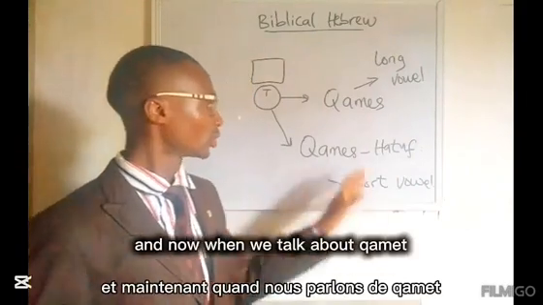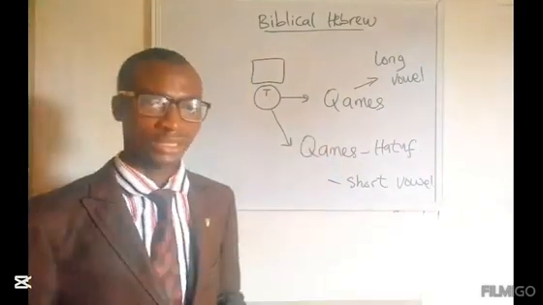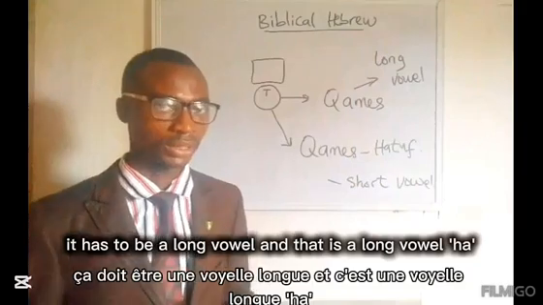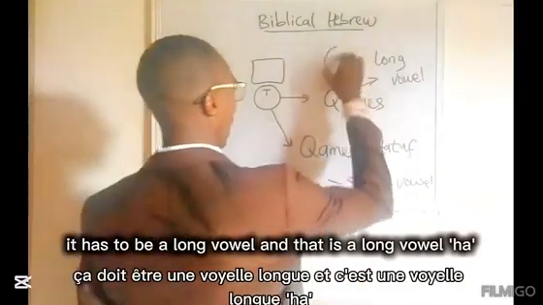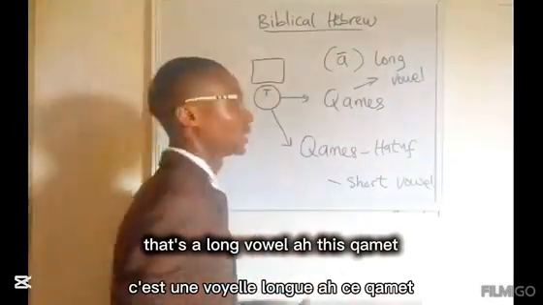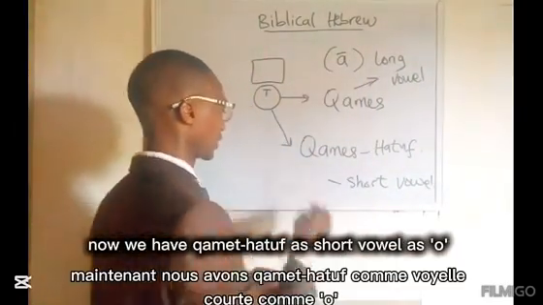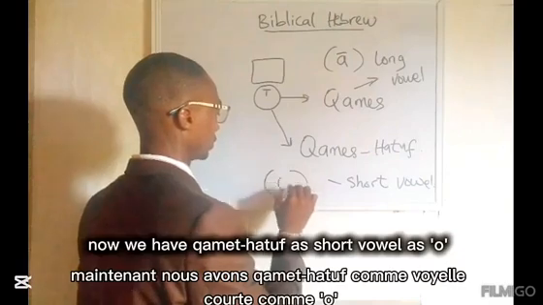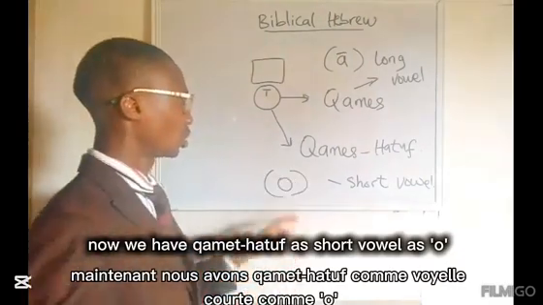And now, when we talk about Qamet, it has to be a long vowel, that's a long vowel ha. This Qamet, and we have Qamet-hatuf as a short vowel. That's an o.